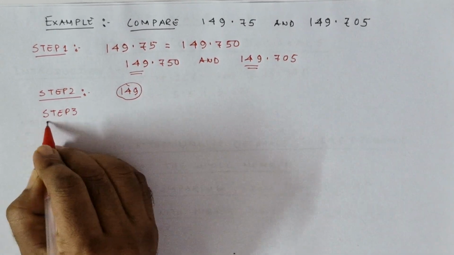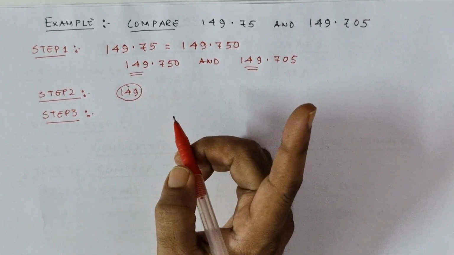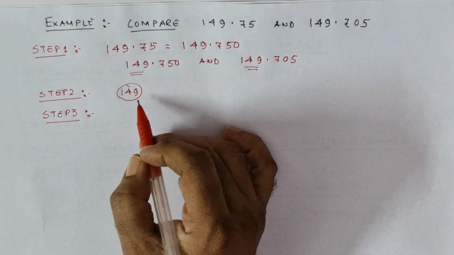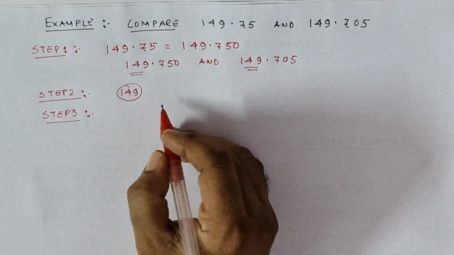Step 3 is to start comparing from the tenths digit when the whole numbers are the same.